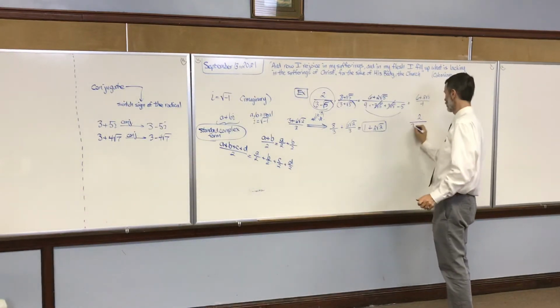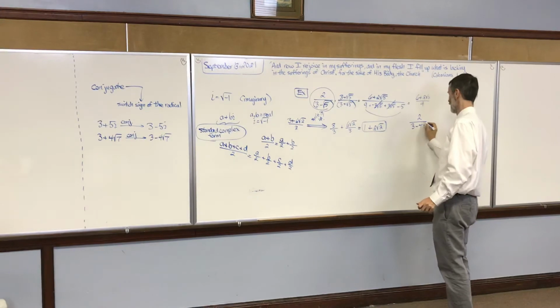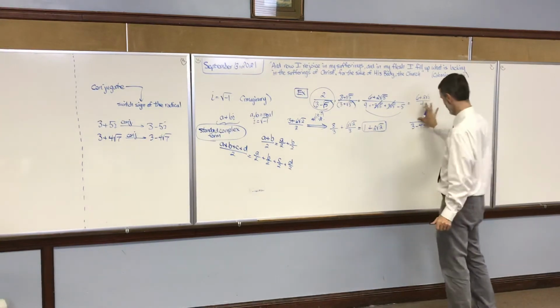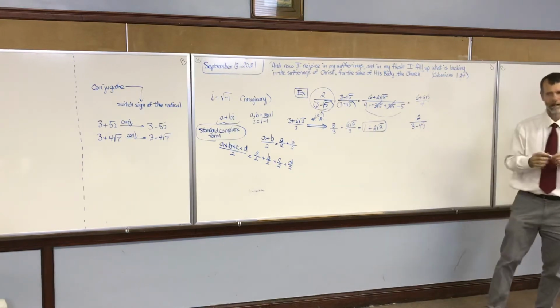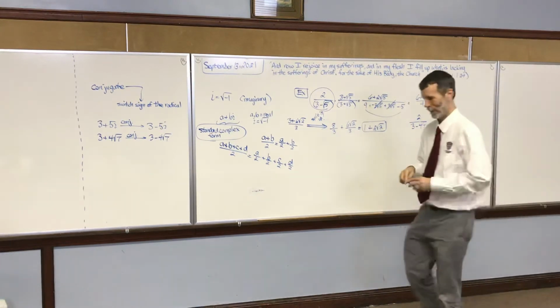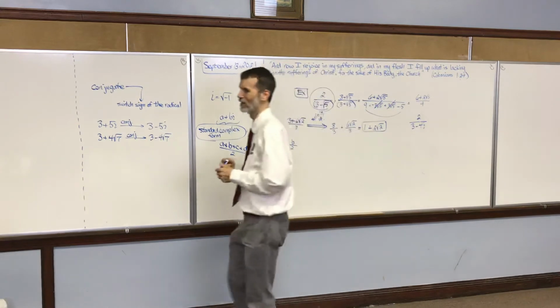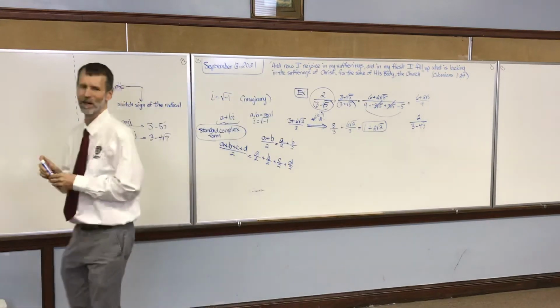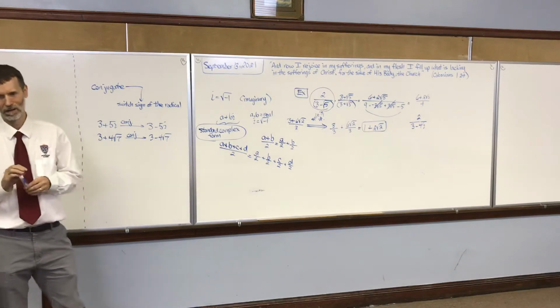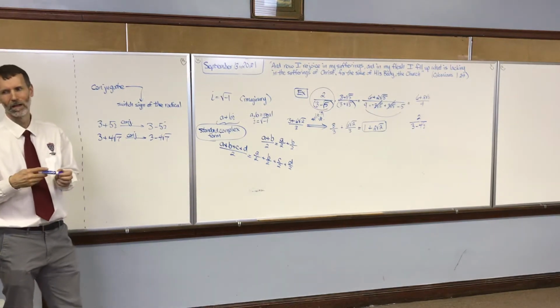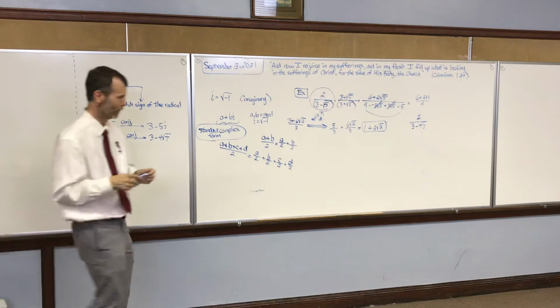2 over 3 minus 4i. Actually, let's do that. 2 over 3 minus 4i. Josh, take over. What do you do first? Okay, why?